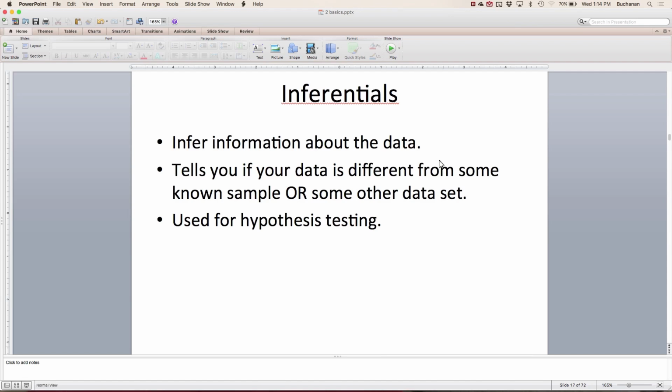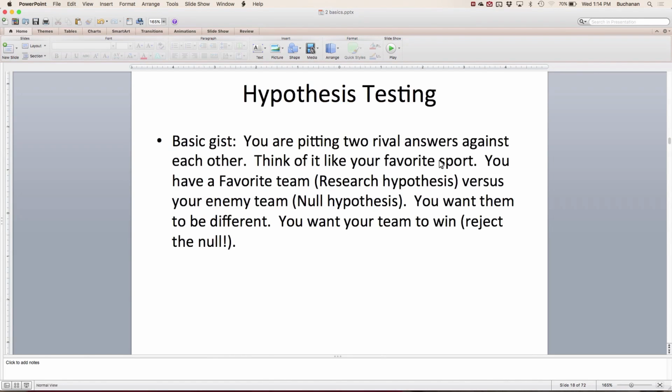I have a bunch of basic terms for this, and I will try to make it as goofy as possible. I do this in a sports way, especially for the back of the room. Hypothesis testing, in a nutshell, is Rock'em Sock'em Robots. That's in the slide somewhere.